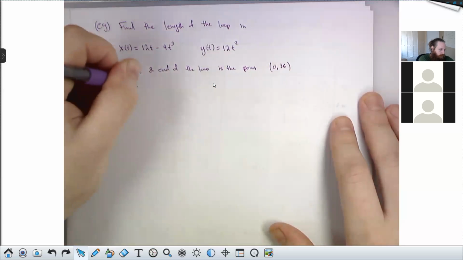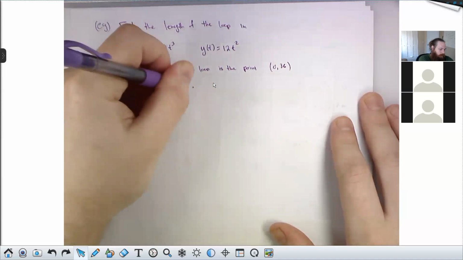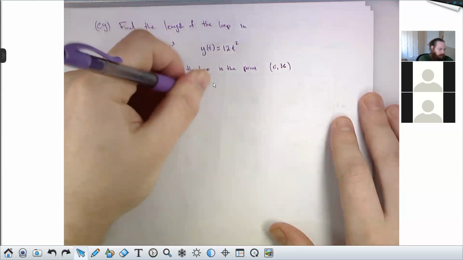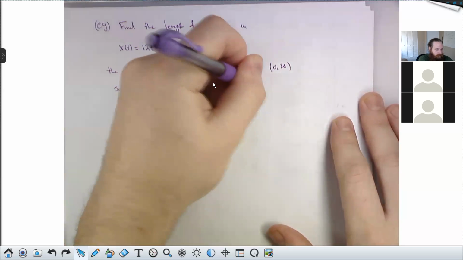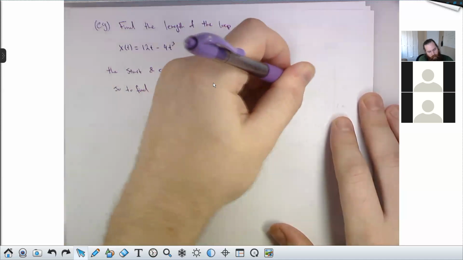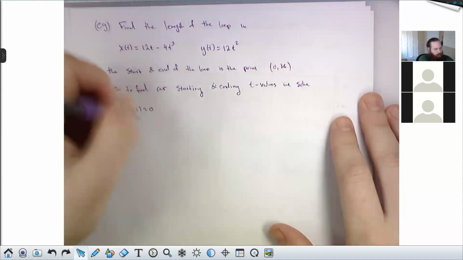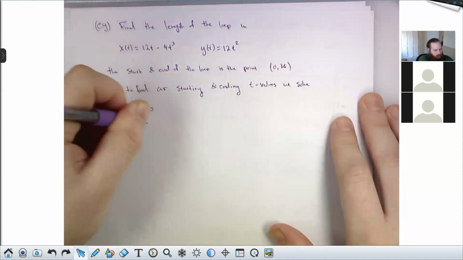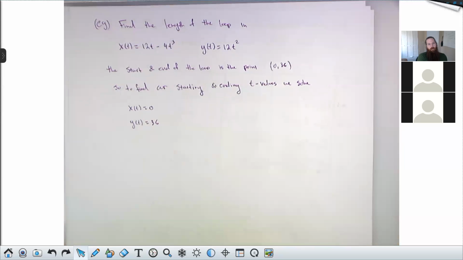So to find our starting and ending t values, we solve x of t equals 0 and y of t equals 36. I expect a total of 3 solutions from the first equation, 2 solutions from the second. So we could just solve the second, but let's go ahead and do both.